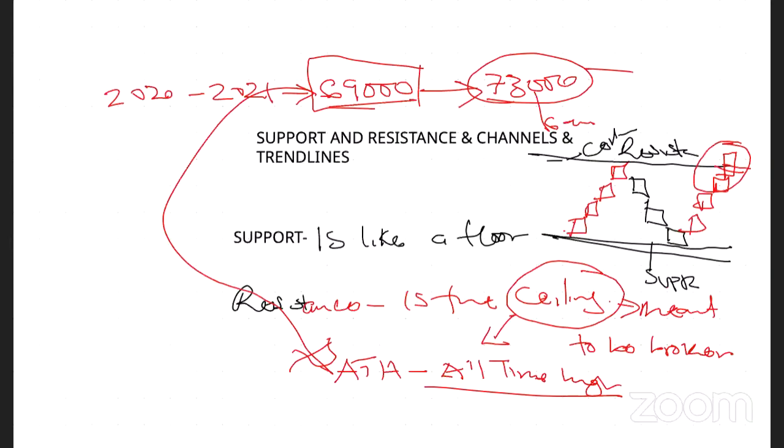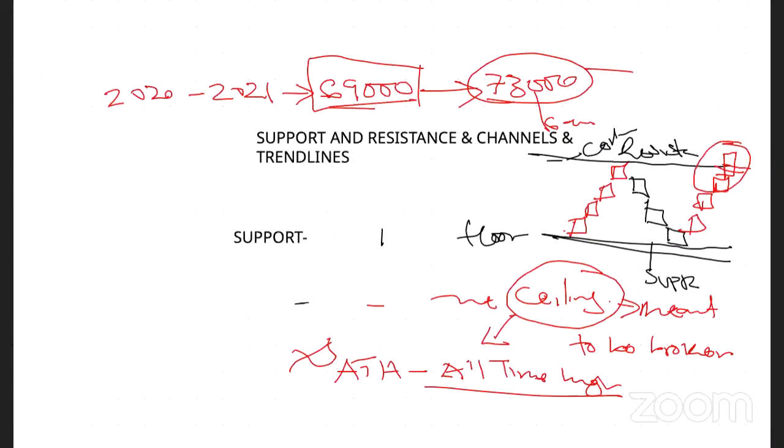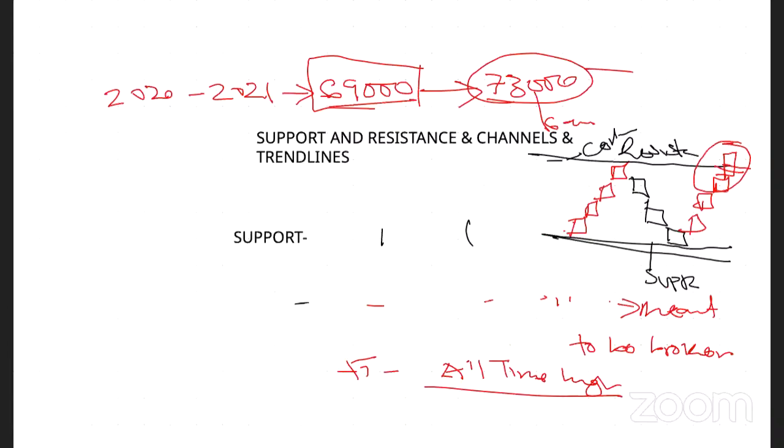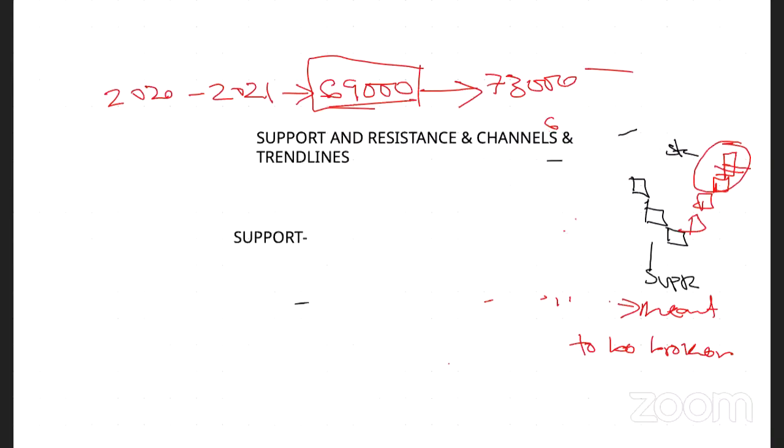It is also key to understand that during technical analysis, when you decide to draw support and resistance, it will differ from one person to another, depending on where you are looking from.